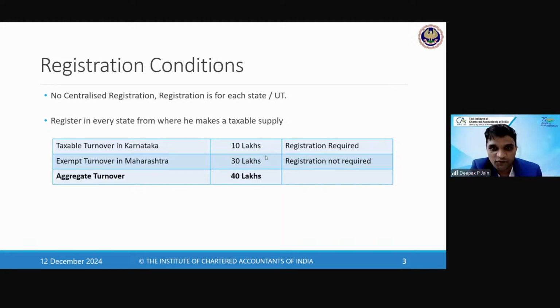We are not looking for the future, we are looking for today. Law cannot say that in the future you will make sales, so I will give you the registration today. That is not the point. Today's turnover I have given, so today you have to decide. Now, this is below the 20 lakhs limit threshold. Still, why have I told registration is required?